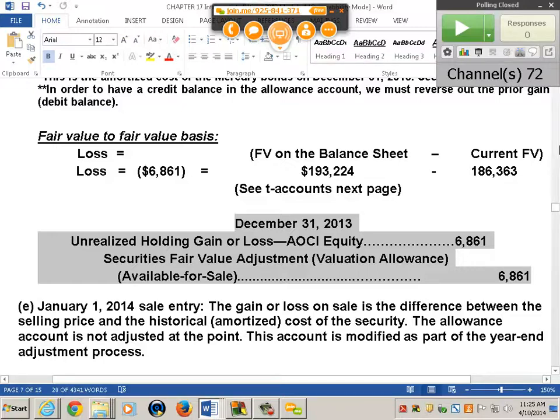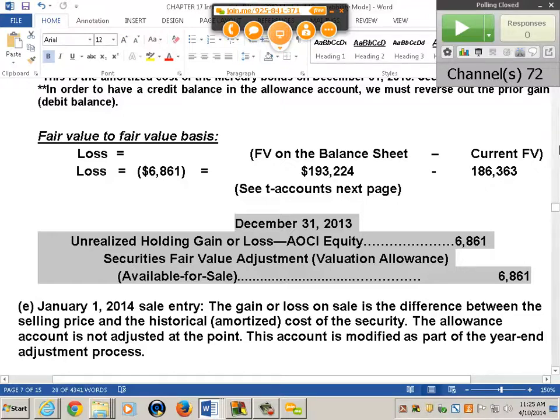If you take a look at the T accounts, I've got 189,849, and I'm writing it up by an allowance of 3,375. So right now, if I stopped and went to my balance sheet, the fair value on my balance sheet is 193,224.